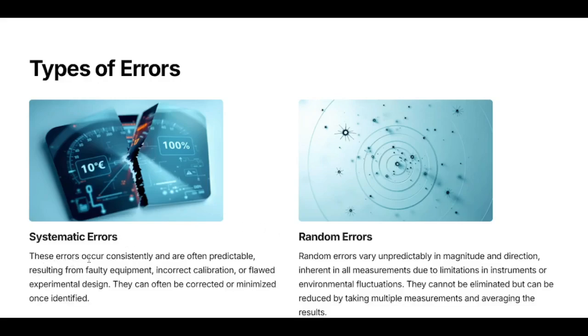So systematic errors are errors that occur consistently and are often predictable. They are predictable and result from faulty equipment. Now I believe some of us would have tried recording, and you might hear a bass noise. If you want to carry out noise correction, it's easy to correct because it's a continuous repeating error.